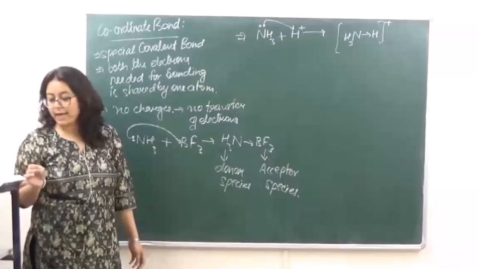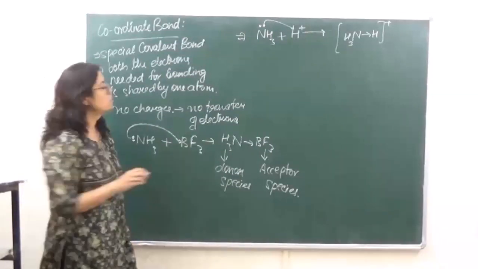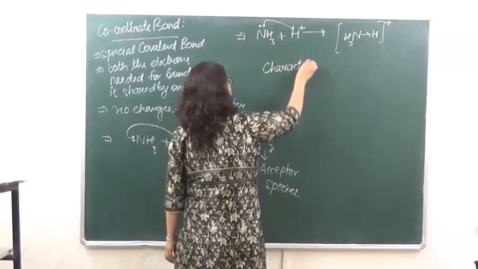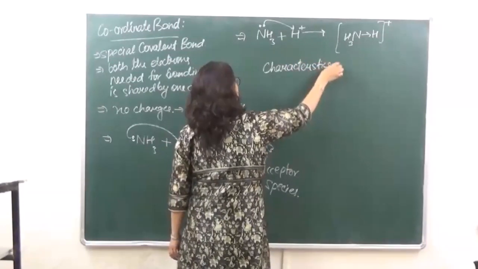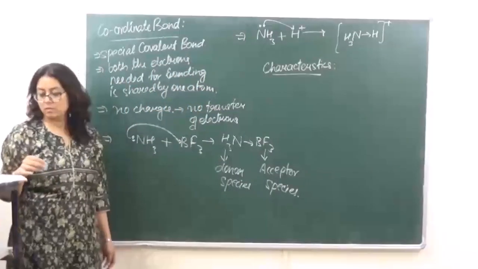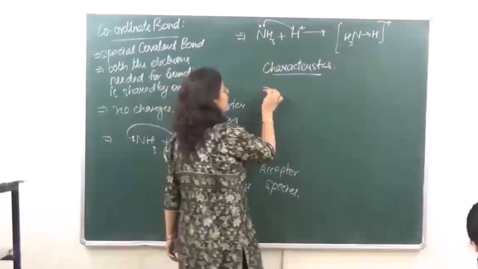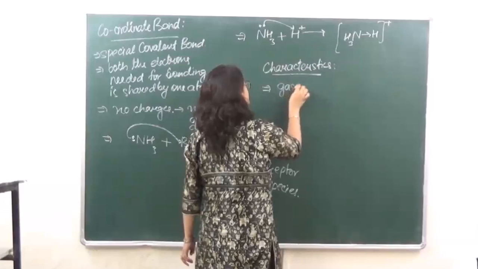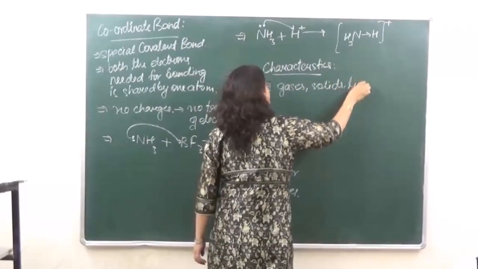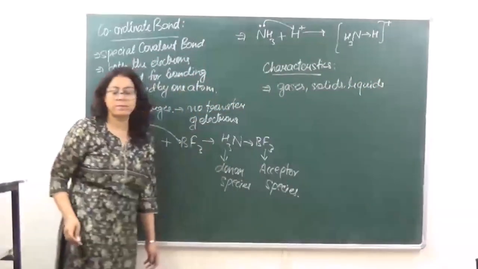The next topic we have is characteristics of coordinate compounds. This you can write down. Characteristics of coordinate compounds. Number 1, these exist as gases, solids or liquids at room temperature.